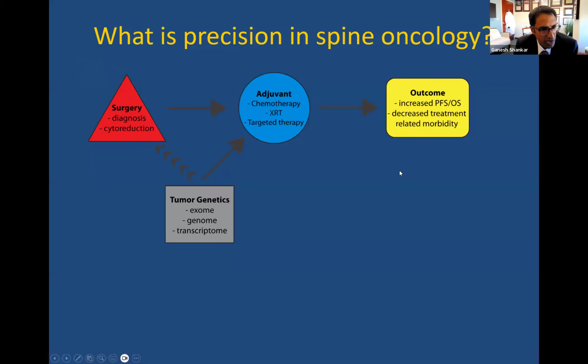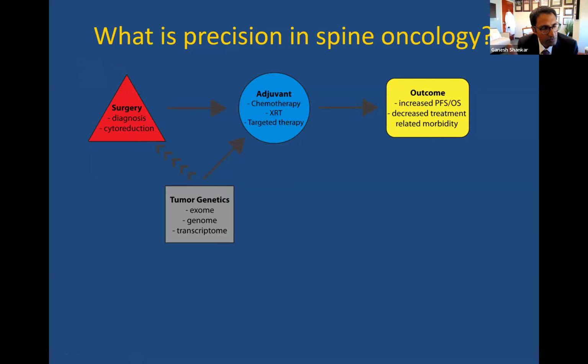But if we broadly define what is precision within medicine, especially with oncology, it's personalizing treatments based on the features of the disease that are specific to that patient. So in the case of spine oncology, oftentimes the diagnosis is established with some kind of invasive procedure. It can be an open procedure or some kind of percutaneous IR-guided procedure to establish a diagnosis and sometimes to reduce the mass effect.